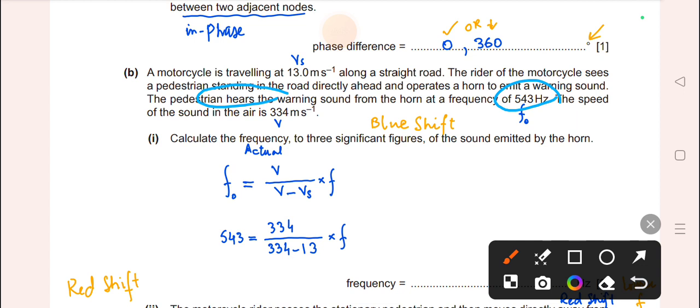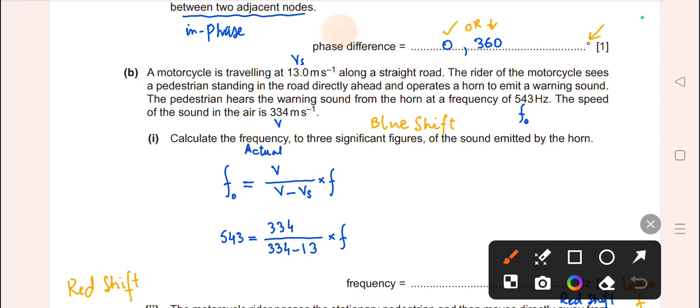And when the motorcycle is getting closer to the observer, this is going to be a blue shift. When the source is getting closer to the observer, for the blue shift we use this formula with a negative sign in the denominator. If it would have been red shift, then it would have been a positive sign here, right?